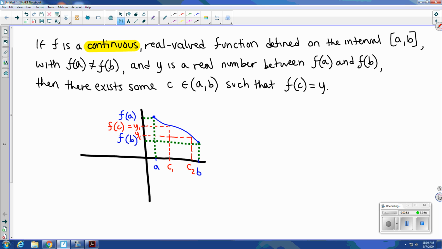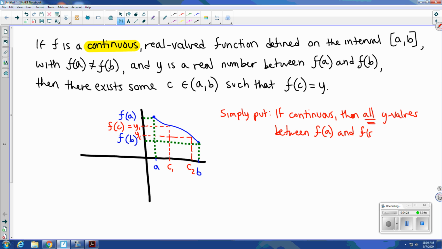So very simply put, to understand this theorem, if the function's continuous, which is a necessary condition, then all y values between f of a and f of b exist as a result of plugging in values between a and b.